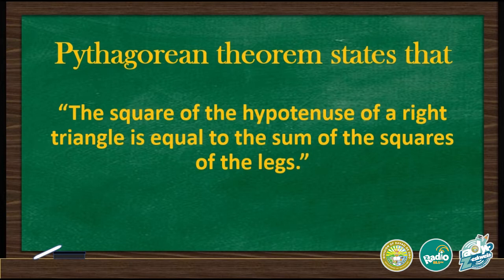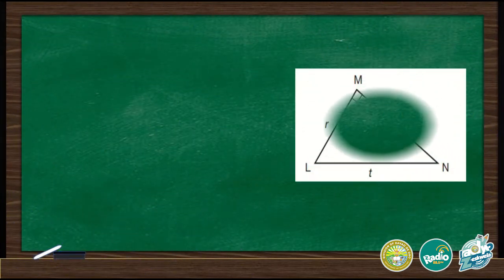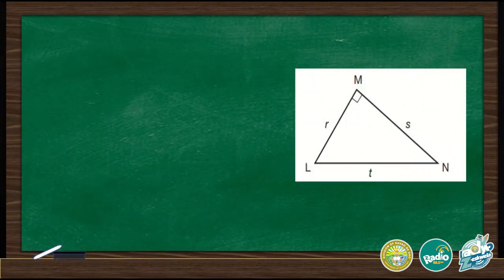Before we use this theorem, let us prove this first using the two-column proof. In your notebook, draw a right triangle wherein the hypotenuse is lying down.